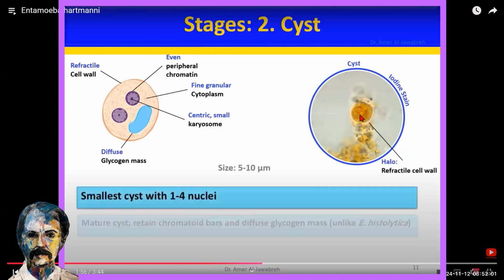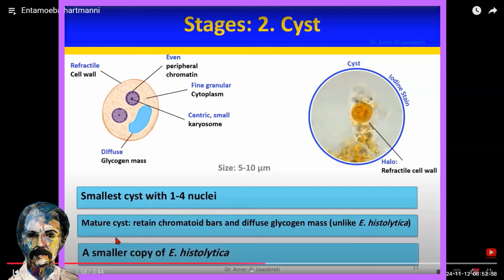That's how it looks. You see, this is the drawing, the figure, and this is the reality. And all the time, the figure is something and reality is another. So here we can only see one nucleus, chromatin. There's one karyosome in the middle, a dot. You can see the dark area here, looks like a chromatoid bar. And this is iodine stain.